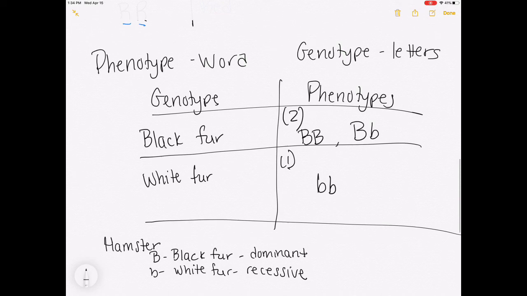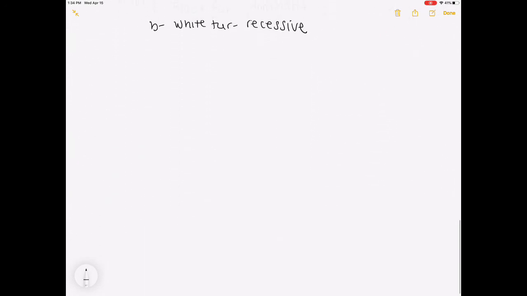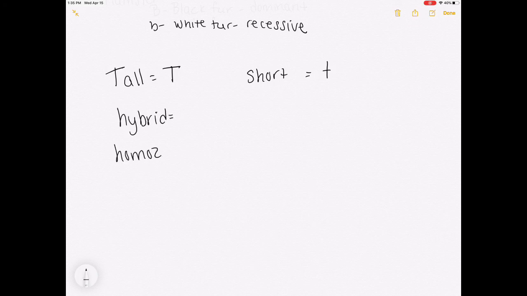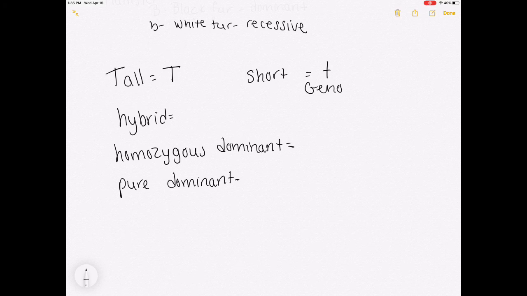Now I can even take it one more step further and ask you, let's say we're talking about height again, so tall, short. How can I show a hybrid? How could I show a homozygous dominant? How could I show a pure dominant genotype? I can say, give me the genotypes.